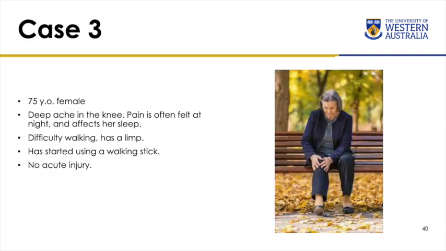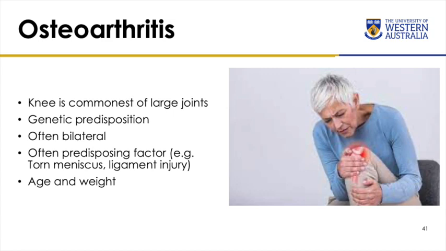If we look at the final case in our series, this lady has the typical presentation of osteoarthritis. Of the large joints, the knee is the commonest to have osteoarthritis. There's often a predisposing factor such as injury to the articular surfaces, a torn meniscus, or ligamentous instability, and it can be associated with deformity of the hip or knee.